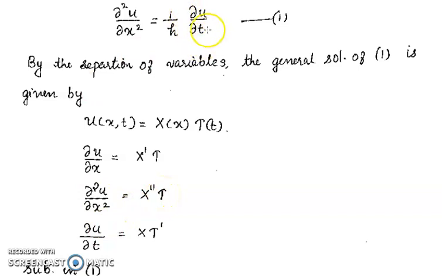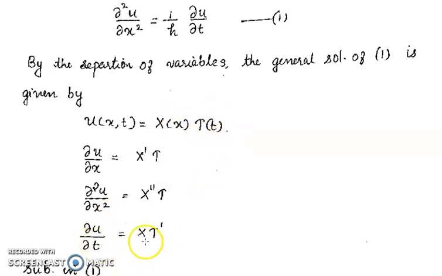Then we have to find ∂u/∂t, the partial derivative of u with respect to small t. We differentiate u equals X times T with respect to t, and here capital X is a constant, since capital T is a function of small t.